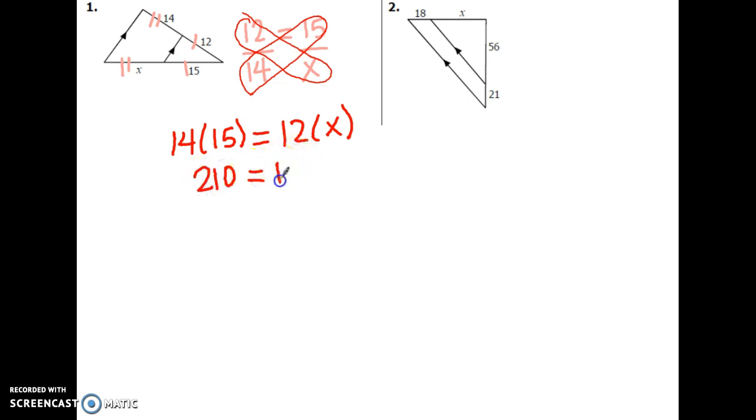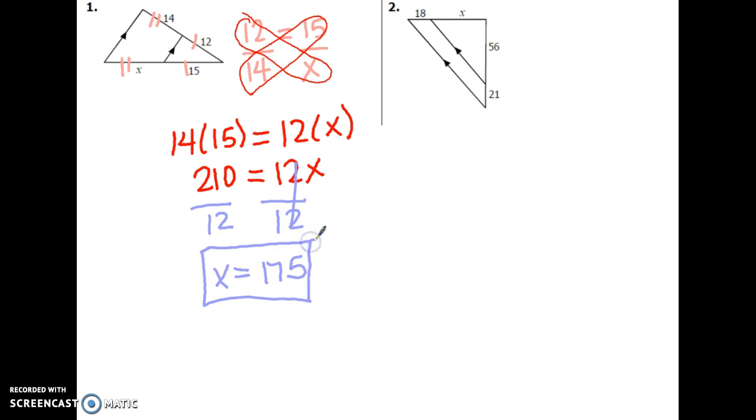I'm going to set that equal to 12x. This is pretty simple. We're going to divide by 12 on both sides. And x is actually going to give us 17.5. Pretty simple. We've been doing this the entire time. Tricky part here is just setting it up because it's kind of new for us. And so with that said, let's look at number 2.